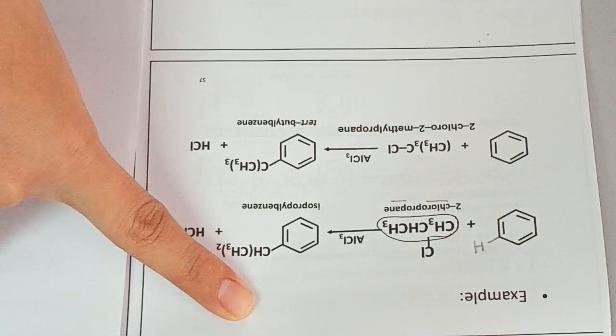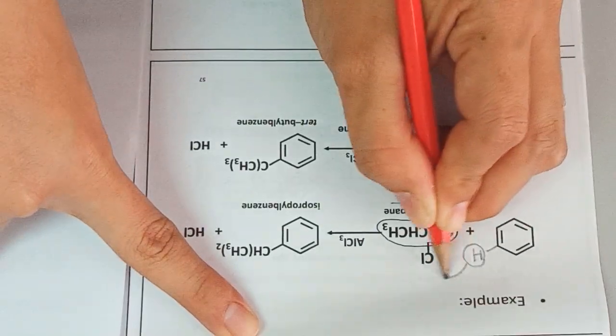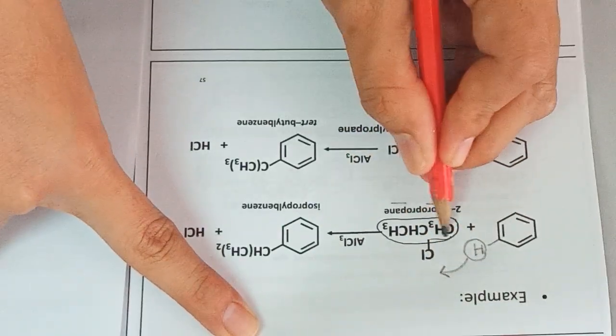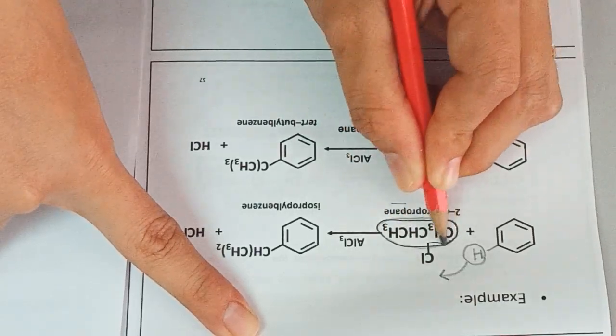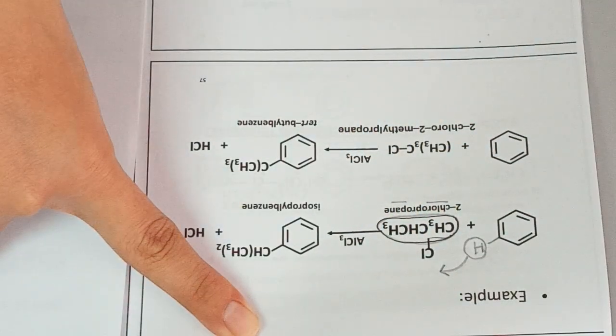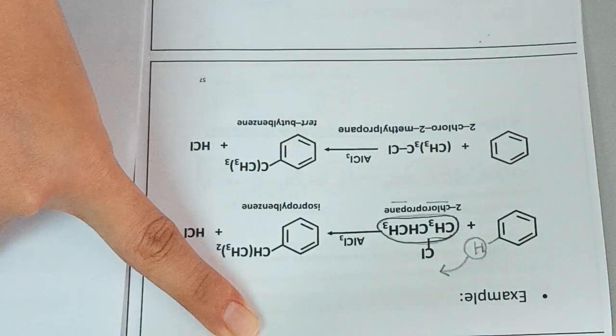So this hydrogen will be taken out and substituted with the alkyl part from the haloalkane.